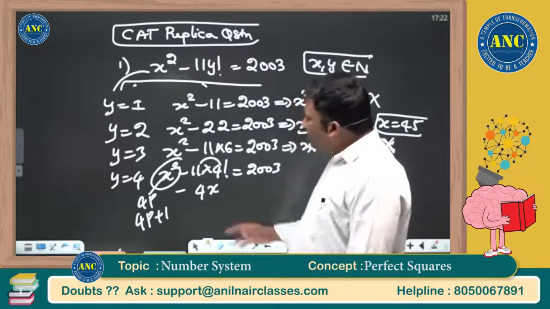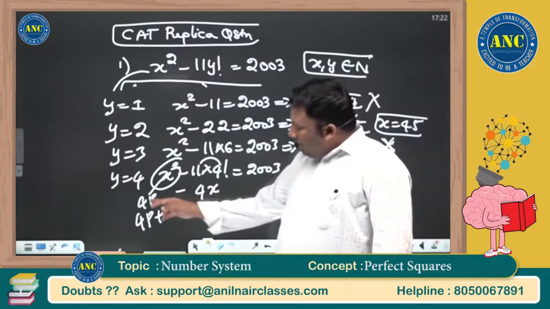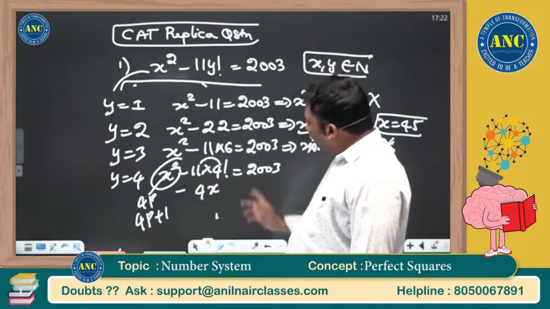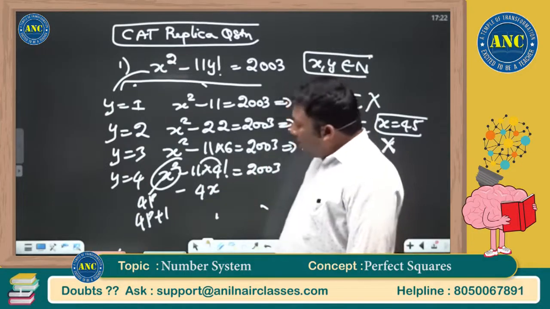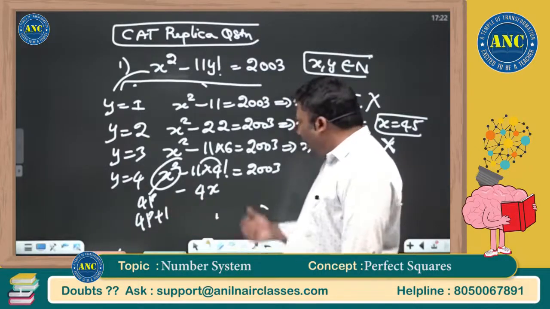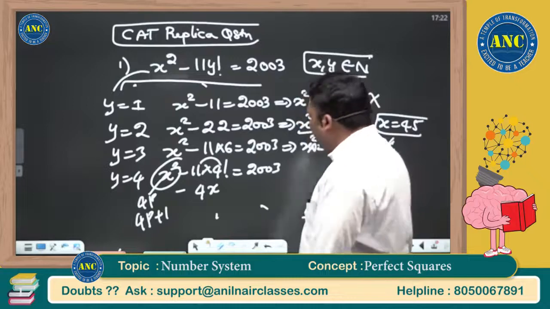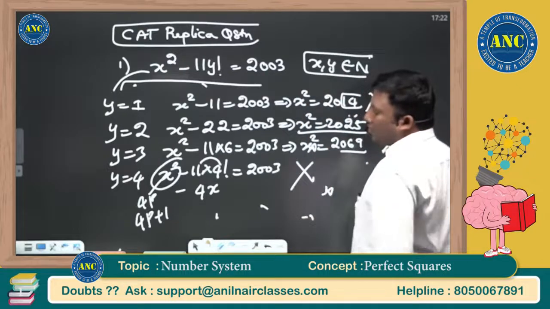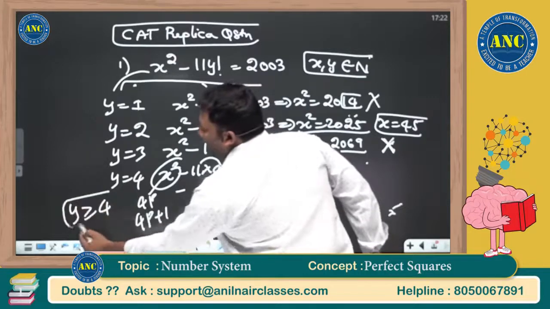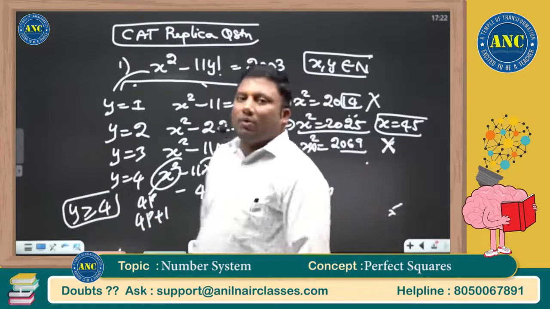Any multiple of 4 is of the form 4x. This divisible by 4, this divisible by 4. Answer will be divisible by 4. 2003, it is not divisible by 4. Remainder 1, 2003, it is not remainder 1. It is not possible. It is not only for y equivalent to 4, it is for any natural number greater than or equivalent to 4.